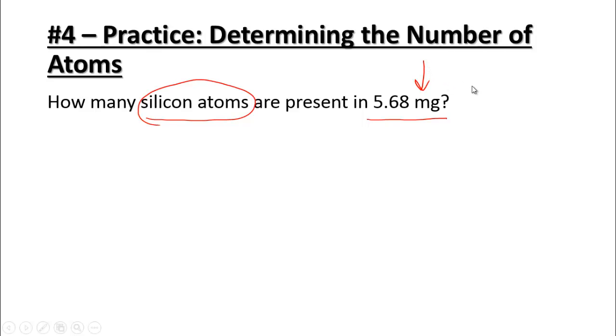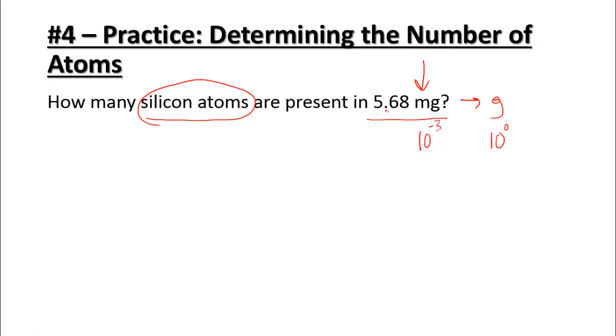Okay, so by now you should have done the problem and put your answer in. So here's how you do this one. The first thing you want to do is convert 5.68 milligrams into grams, because you have to convert grams into moles. Milli represents 10 to the minus third, and we're going to convert this into grams, which represents 10 to the 0. It's a base unit. So we're going to go up to a bigger unit here, and when you go up to a bigger unit, the number gets smaller because grams represents larger amounts of these things.